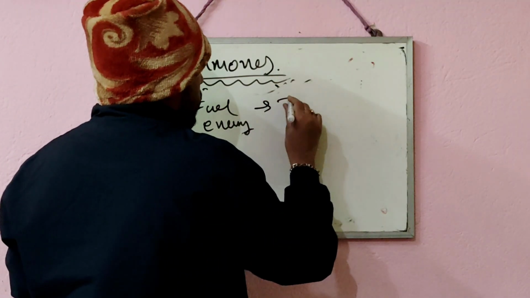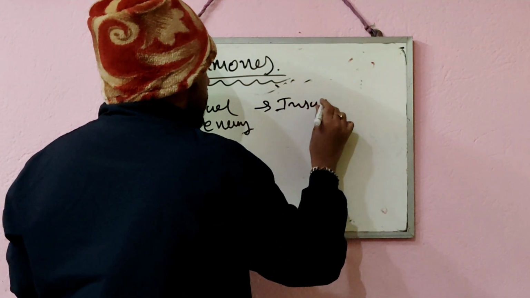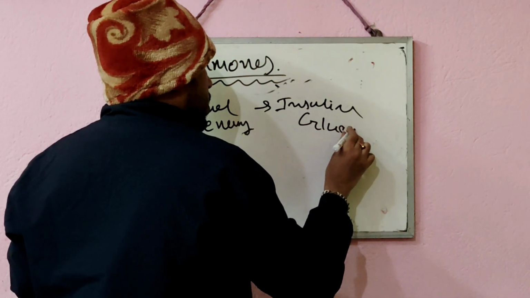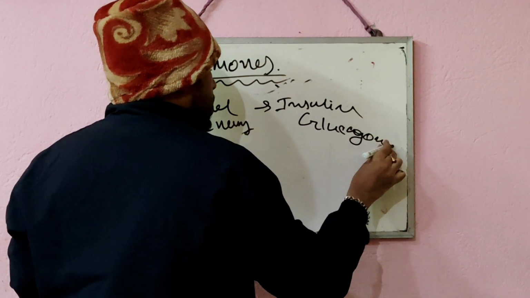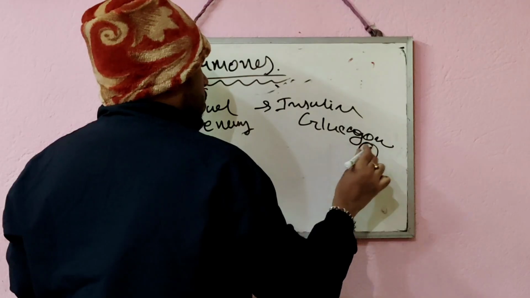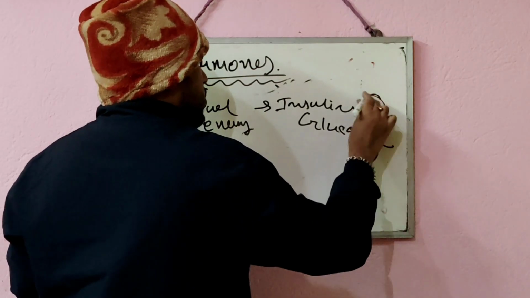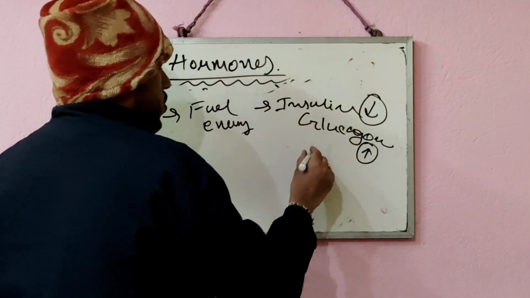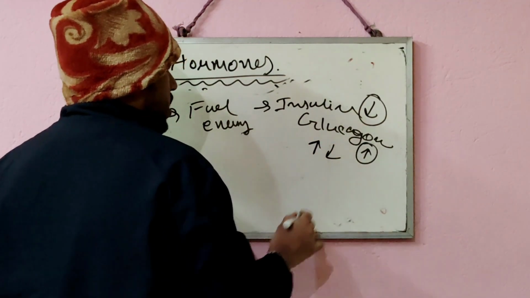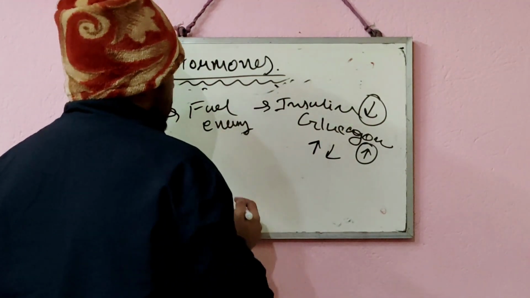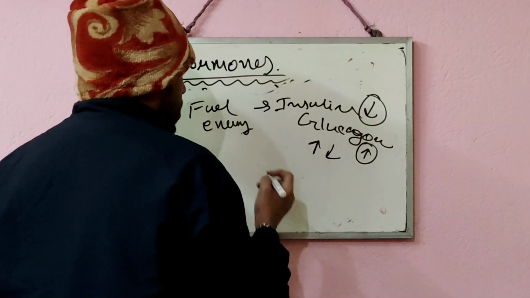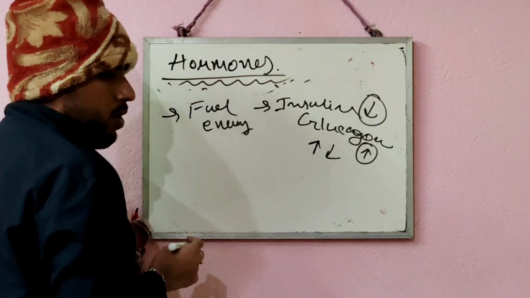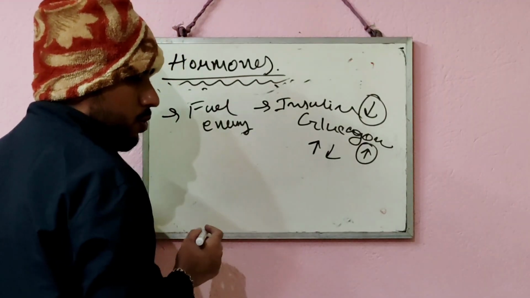Examples are insulin and glucagon, because they control the body sugar by increasing blood sugar through glucagon or decreasing blood sugar through insulin. By that, they maintain the homeostasis of blood sugar in our body. So they act as fuel energy hormones.